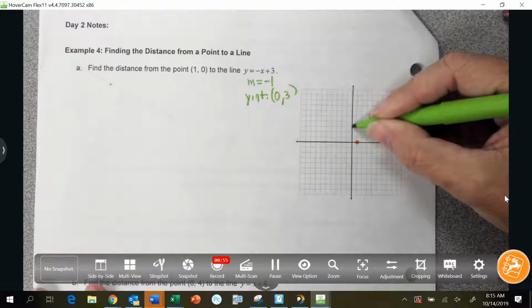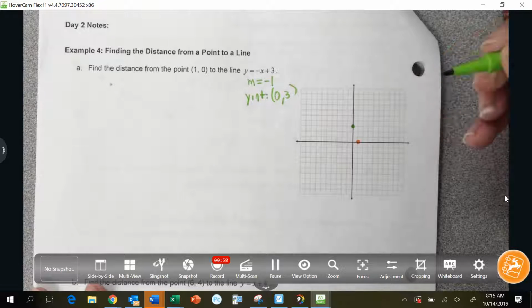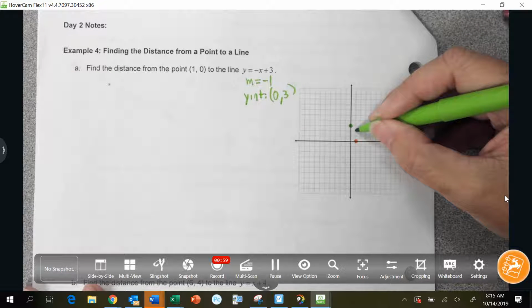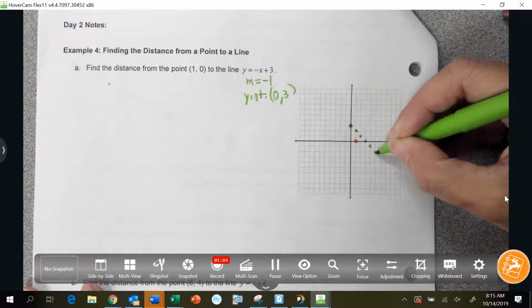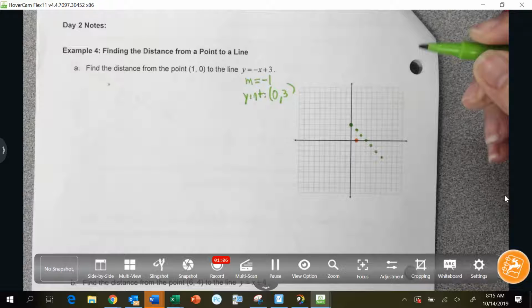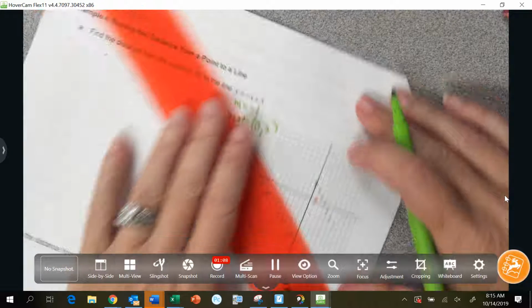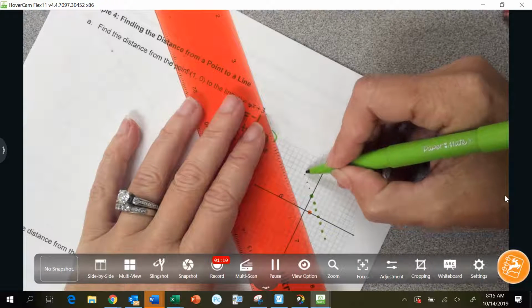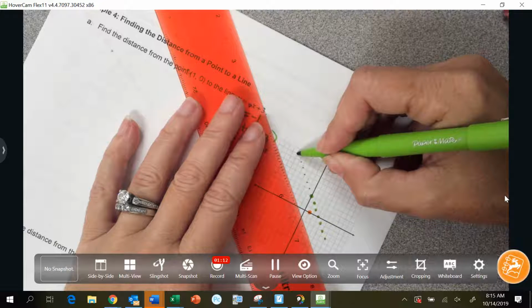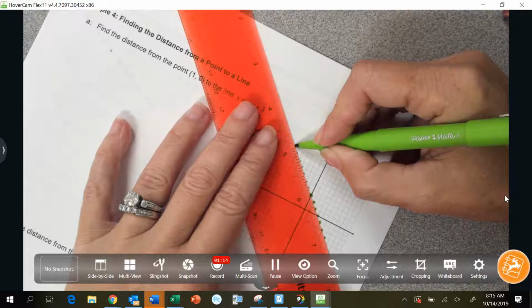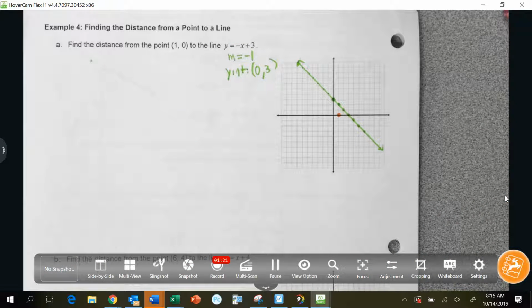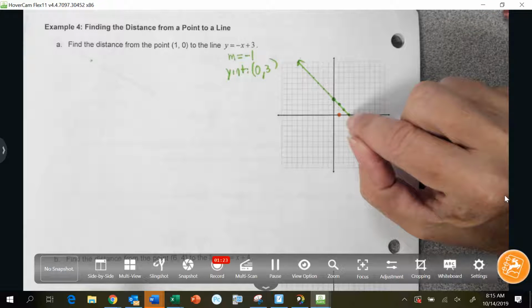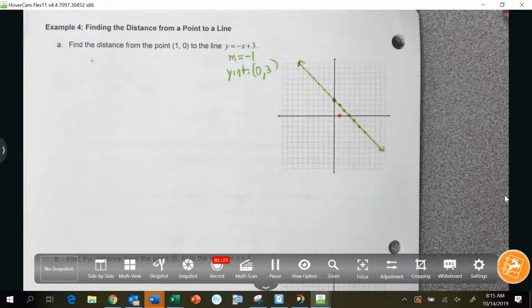So I'm going to begin at 3, and then I'm going to go down 1 over 1, down 1 over 1. We have to find the distance from that point to this line.